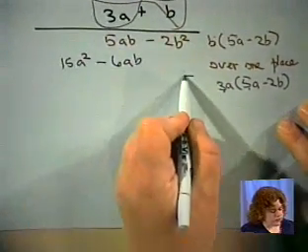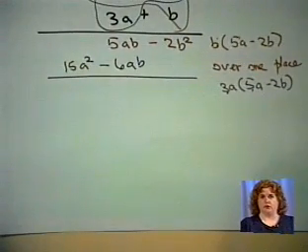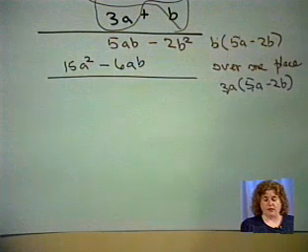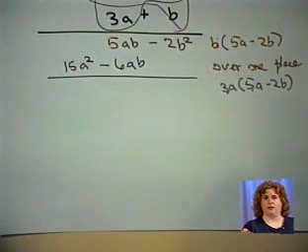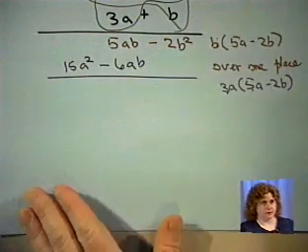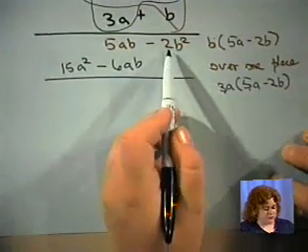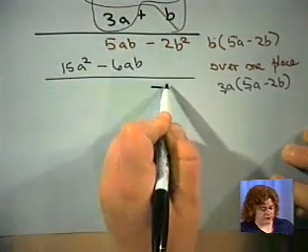Now, what this has accomplished for us is that we have columns of like terms. So we're not going to have to hunt across a line to find all the a squareds, all the b squareds, that kind of thing. We'll just bring down, different color pen, bring down the minus 2b squared. There's nothing to add to it.